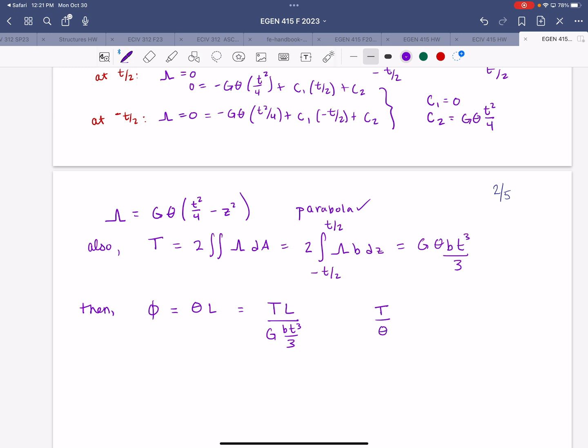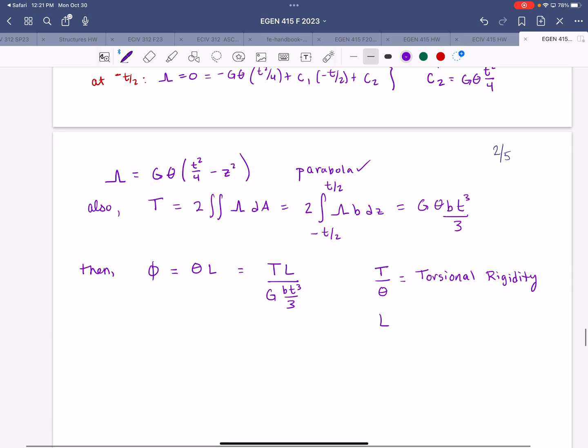So this ratio of T divided by theta that I'm writing down here is representing the torsional rigidity. And capital L represents the length of the shaft in the x direction.